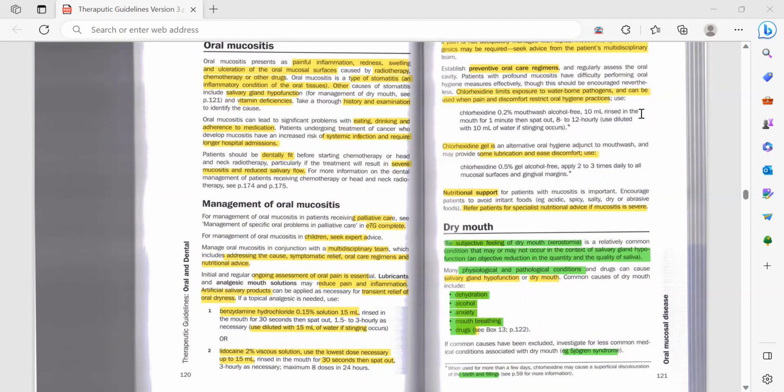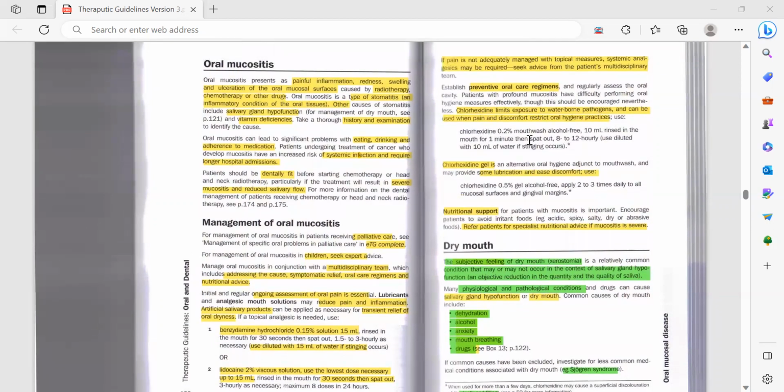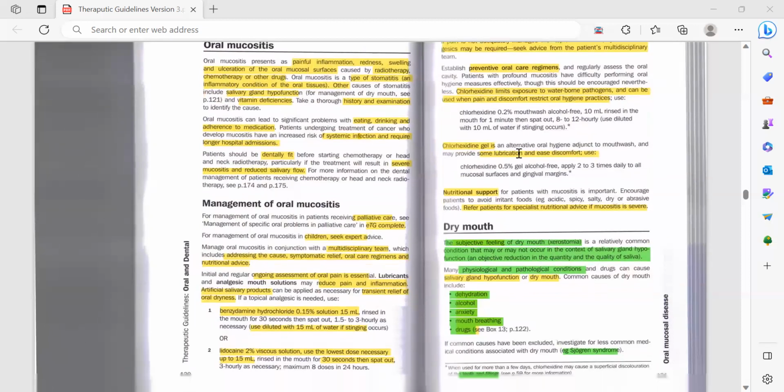Then 10 milliliters rinsed in the mouth for 1 minute, then spat out 8 to 12 hourly. Use diluted with 10 ml of water if stinging occurs. If they find this very severe, causing a stinging sensation, they can even dilute the solution and use it.